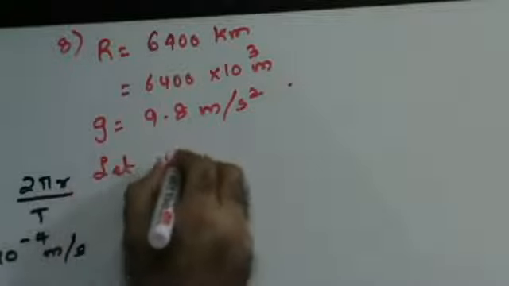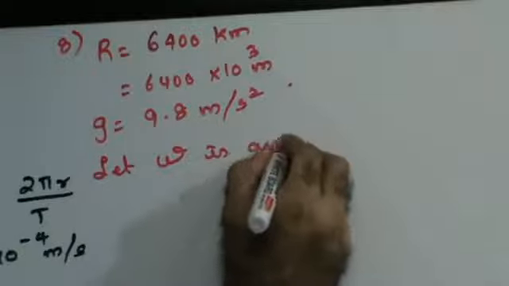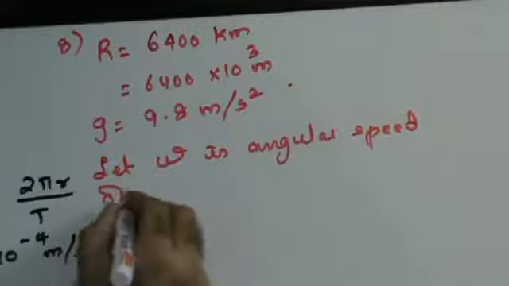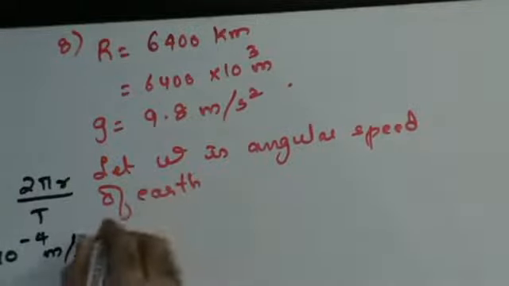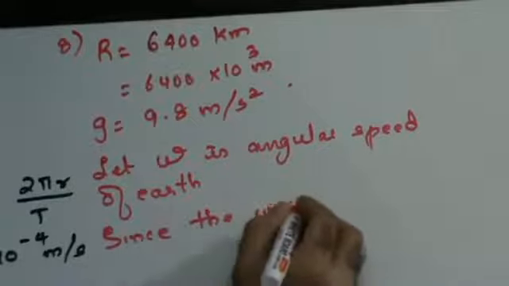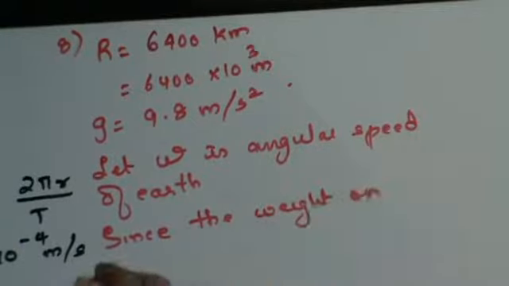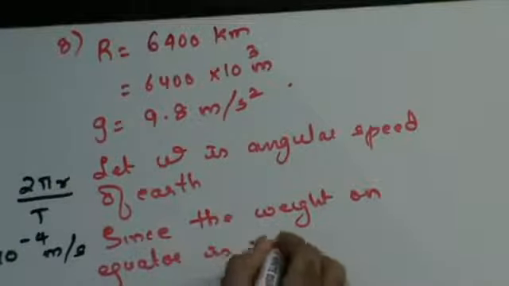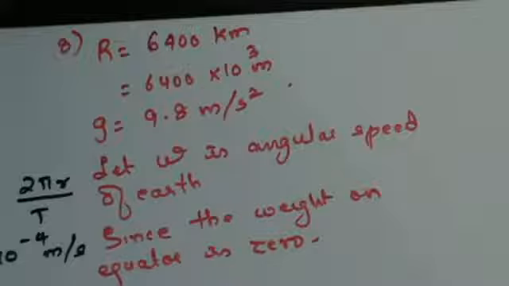Let us assume that omega is the angular speed of the earth. Since the weight on the equator is zero, that means the centripetal force should be counterbalanced by the centrifugal force, only then the weight will be 0.